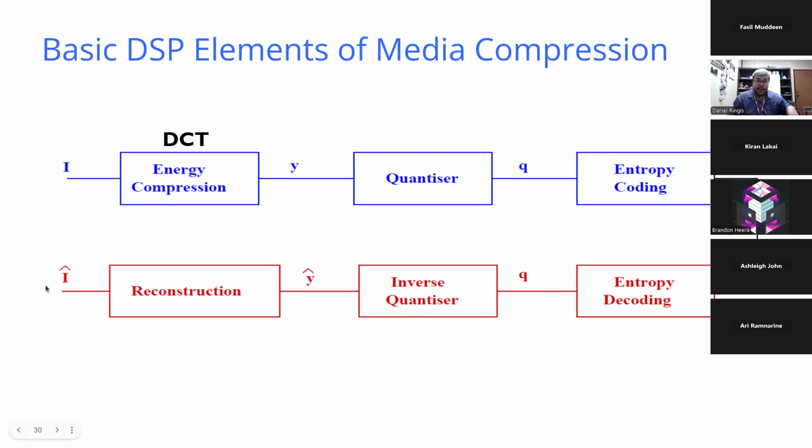It will always be an approximation of our viewable media if it has a quantizer or has some loss. But usually, if there's no quantization, it is a lossless form of media, which will have less compression, but all the information is still retrievable. And you want I hat to be as close to I as possible.